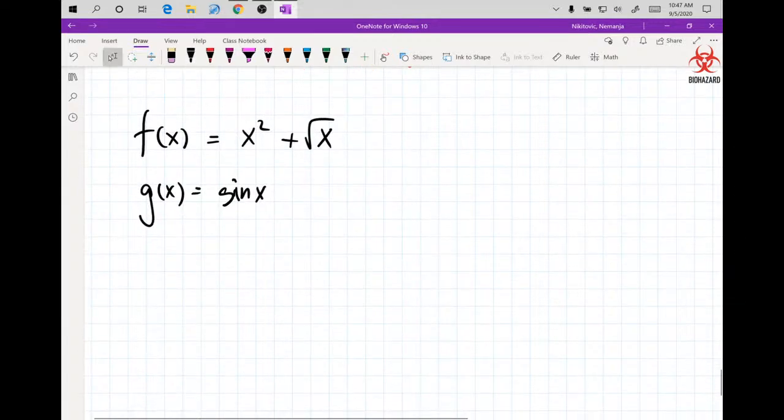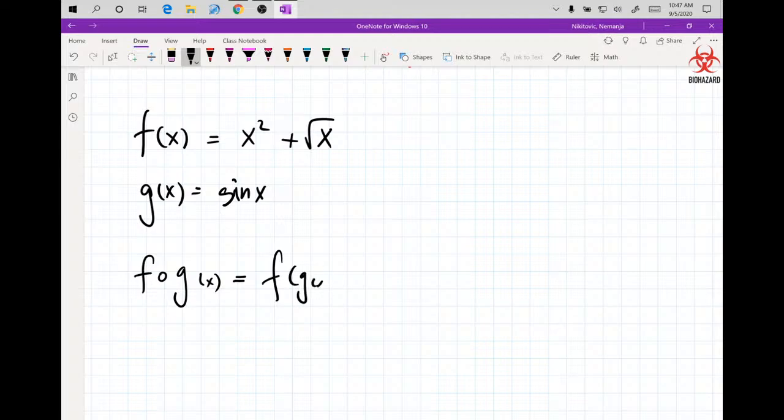So what do you do? For f composed with g of x, you are supposed to plug g into f. So it would be g squared plus root of g. And what's your g? It's sine x. That's all it is.